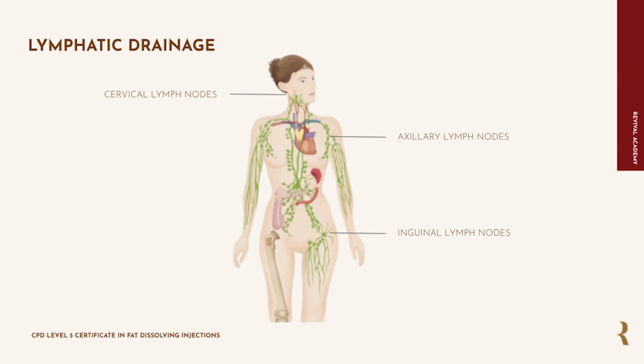With that being said, areas that are very tricky to treat with fat dissolving injections, based on the flushing they need to do through the lymphatic system, are anything below the torso. So things like thighs, knees, ankles. They have no passage where they can flush. And why is that a problem?